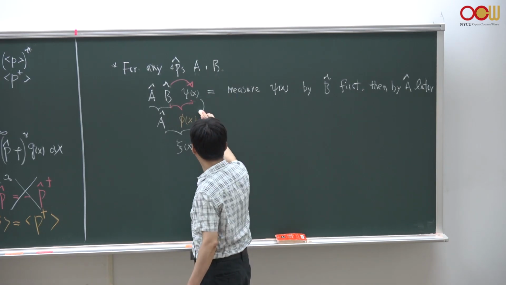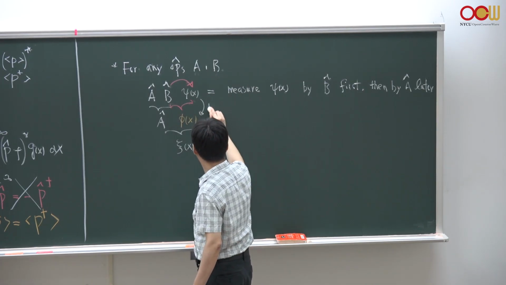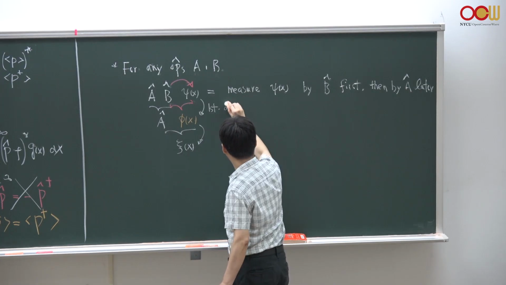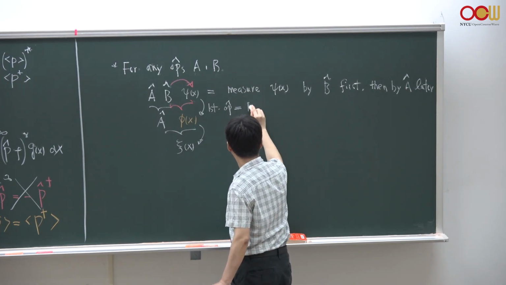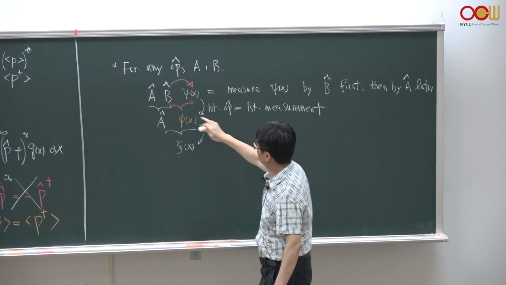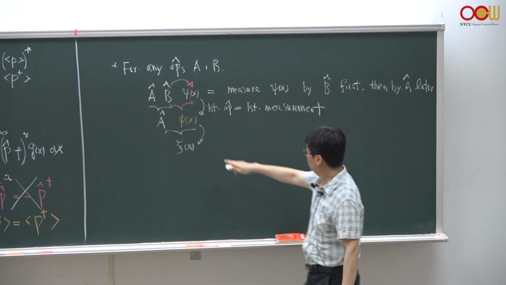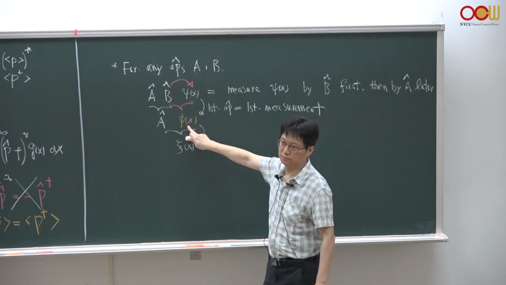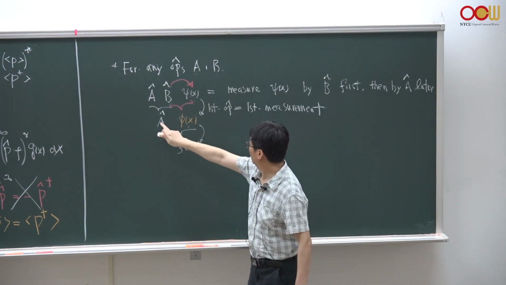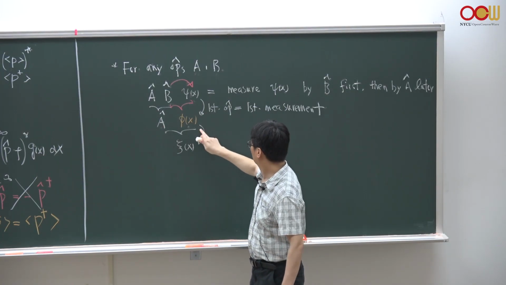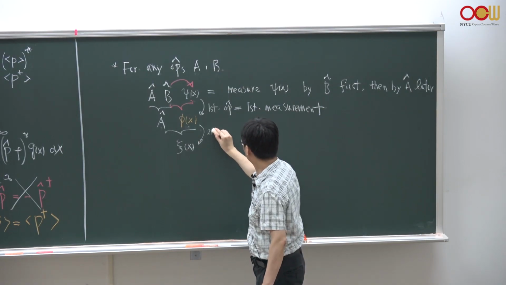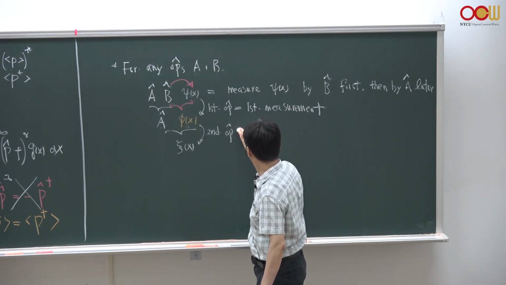This is the order of this measurement. So the first operation, the first measurement, is done by applying B onto psi, and you get some other state, which I call phi, and then you apply the A operator to phi to perform the second operation or the second measurement.